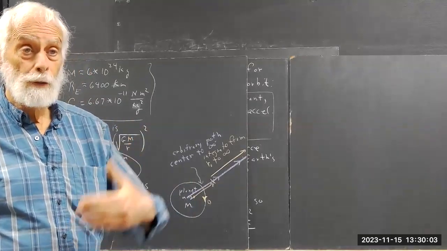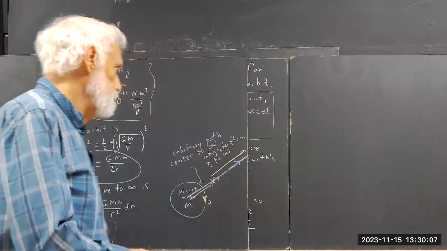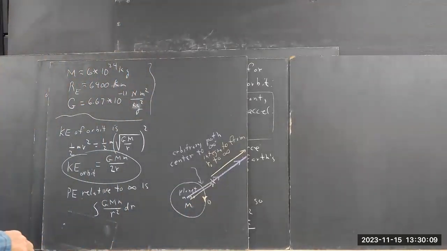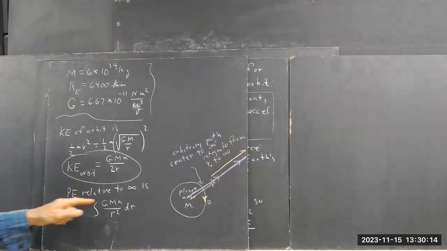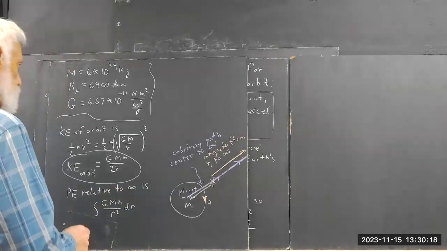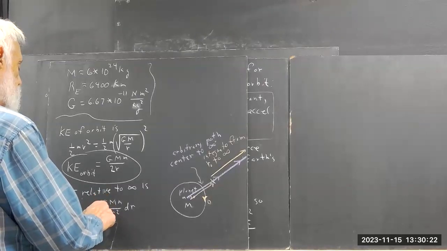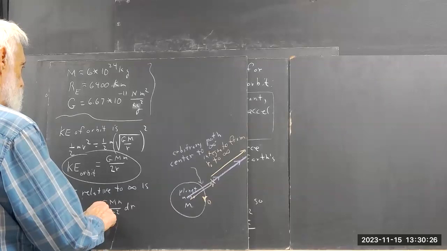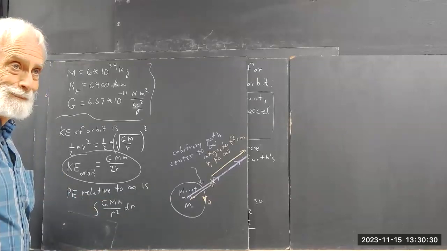I go from here to there. Okay. Anyhow, think it through. Potential energy relative to infinity is going to be this integral. Well, let's do the integral of... I'm just trying to decide where to put my negative sign. Okay.